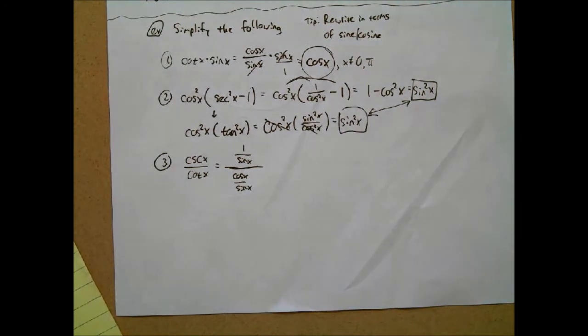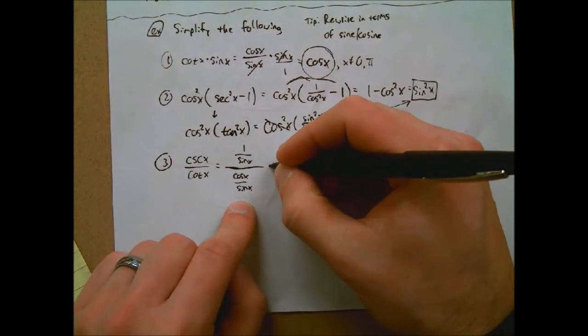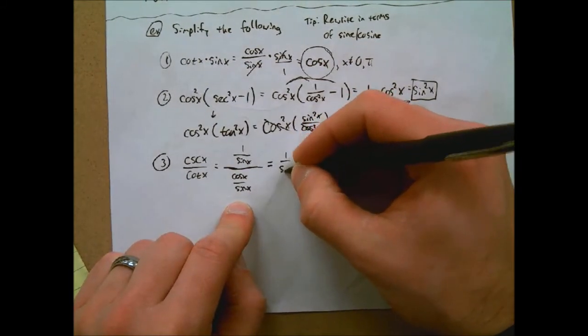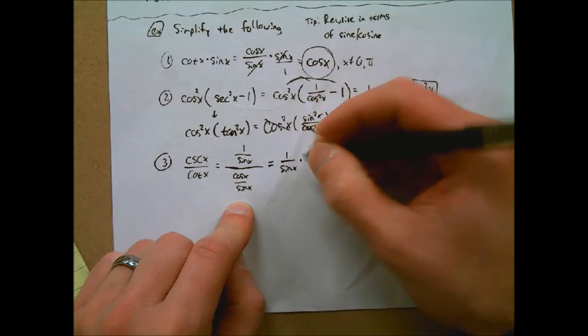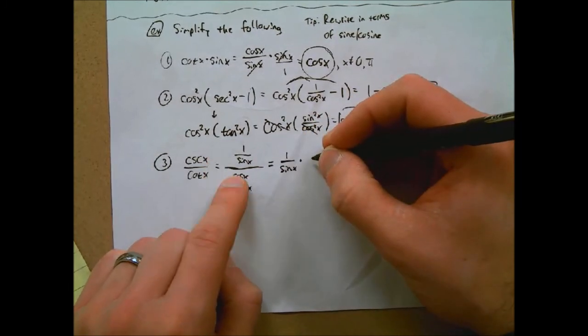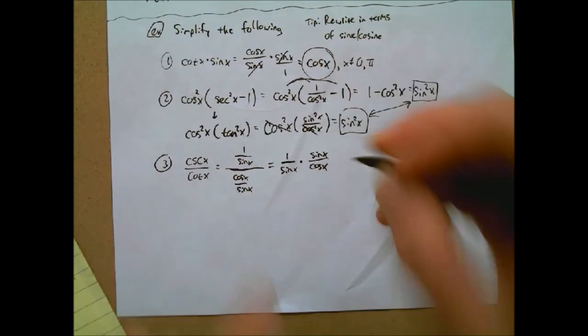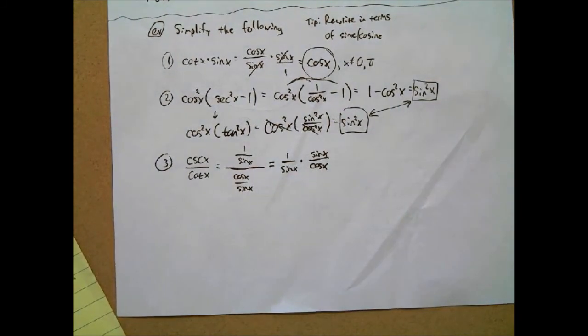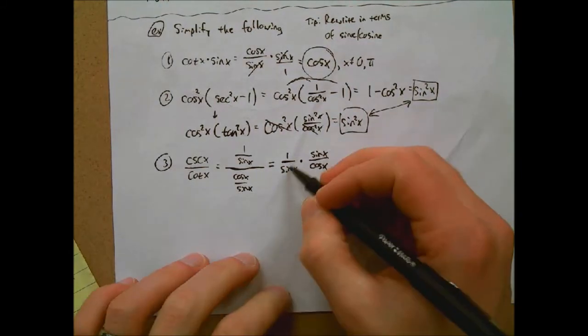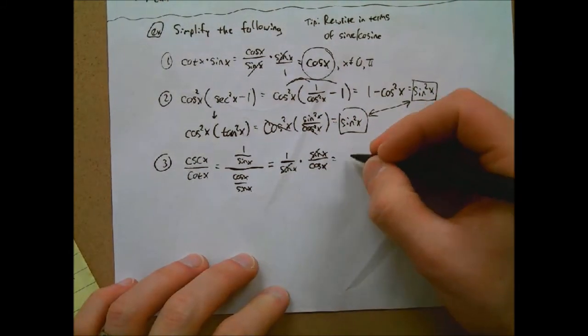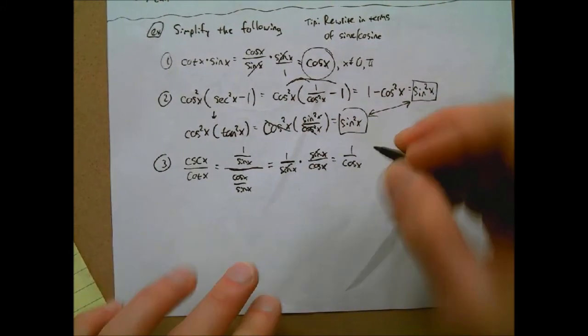Instead of dividing by the fraction, we will multiply by the reciprocal. So instead of dividing by cosine over sine, we'll multiply by sine over cosine, like so. Of course, the sine x's will eliminate, one from the numerator, one from the denominator. We're left with 1 over the cosine of x, which is really what? Secant x.